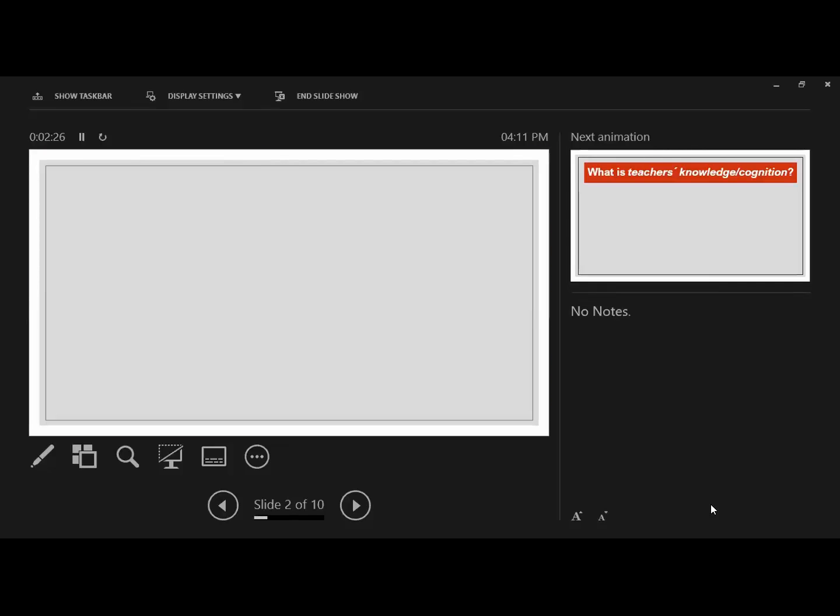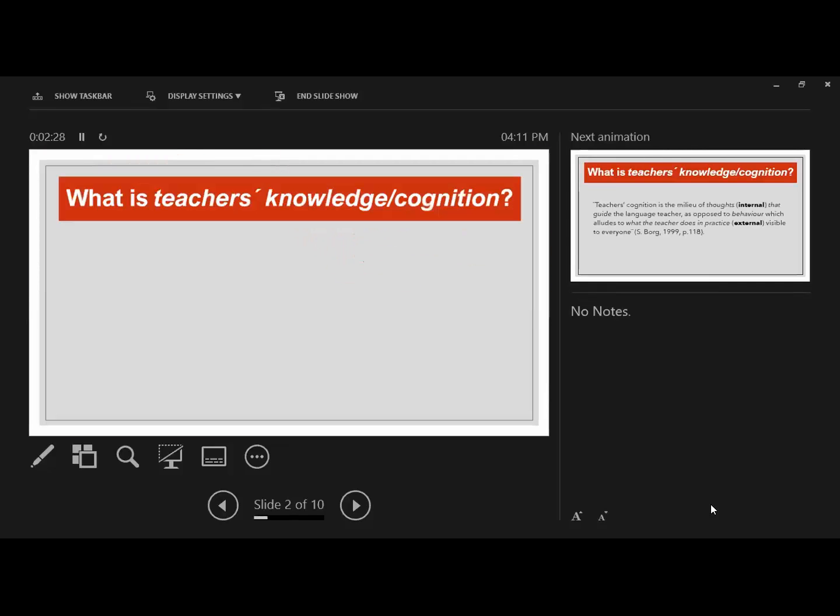Well, of course, language teachers' knowledge and cognition is something that has been studied, but it seems there's a lot of focus, a lot of attention, on learners' knowledge, right? How learners learn better, why learners learn this or that in one way or another.